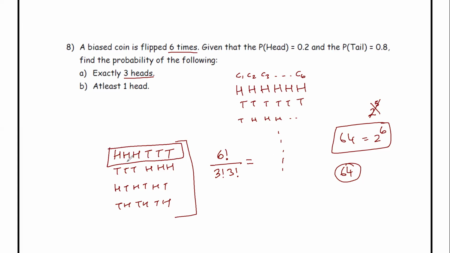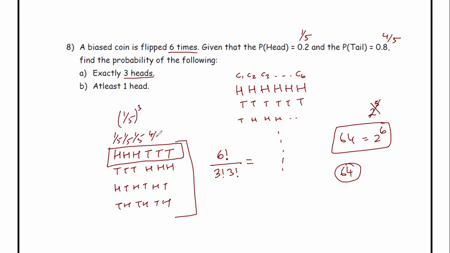For this arrangement, the probability for H is 0.2, which is 1 by 5, and for T it is 0.8, which is 4 by 5. So 1 by 5, 1 by 5, and 1 by 5, in a way 1 by 5 cubed.